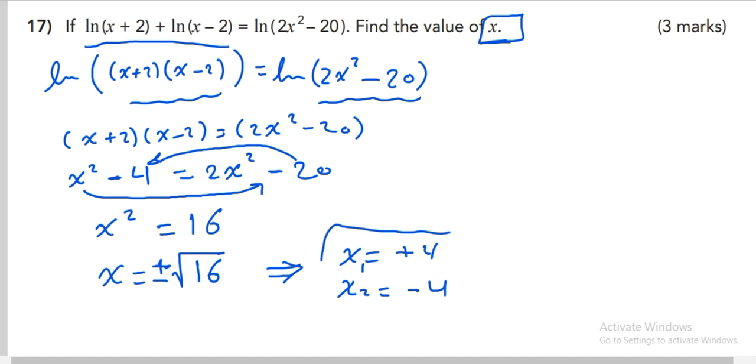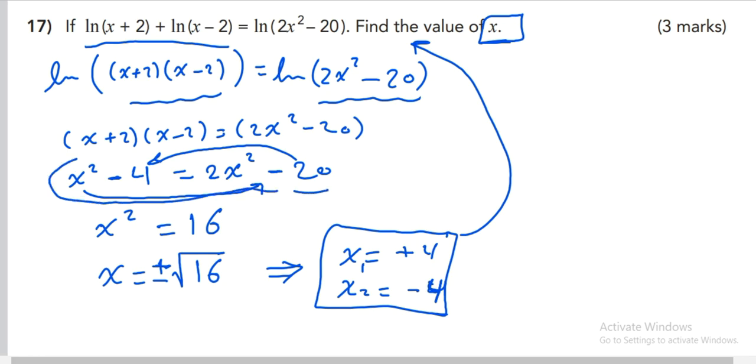But what is the difference between the solution of this equation and the values which are accepted to be values for x in this expression? Here we have a logarithmic equation and we get values of x by solving quadratic equations.